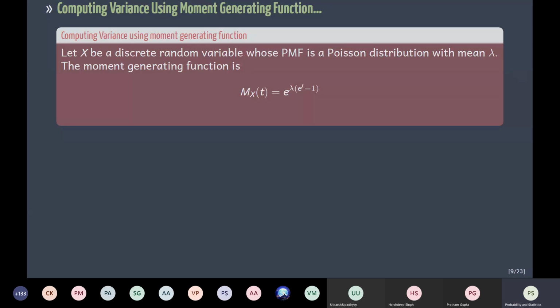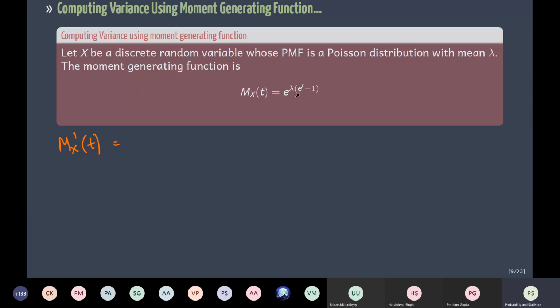Okay, so we can also do the variance of the Poisson. The moment generating function we have shown before. What is the moment generating function of a Poisson? So we have this. Now we need to differentiate this, the first derivative M_X prime of t, with respect to t.